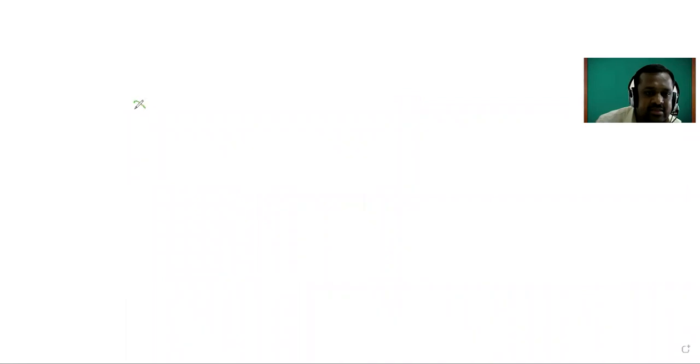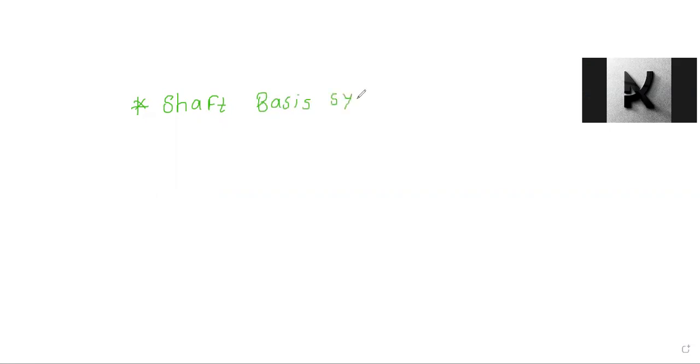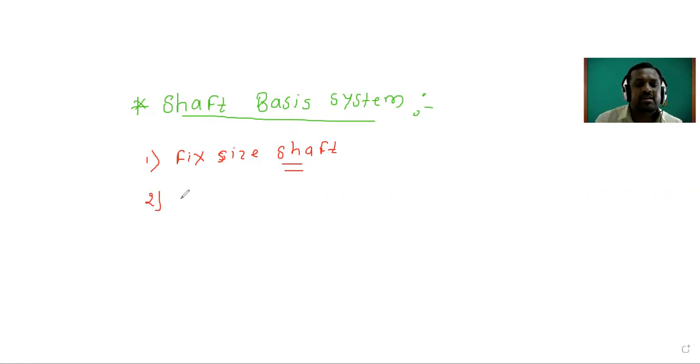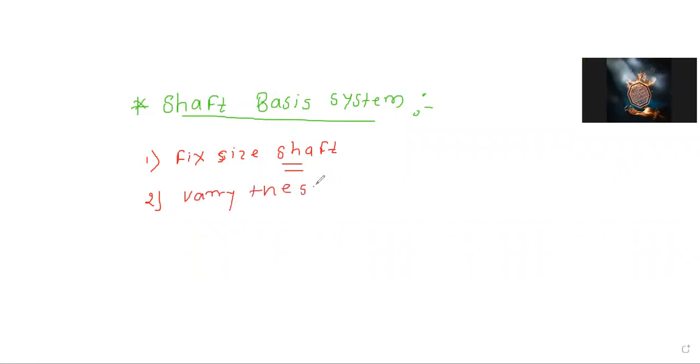In the shaft basis system, we fix the size of the shaft, and to achieve the various fits, we vary the size of the hole. These are the reverse of each other.